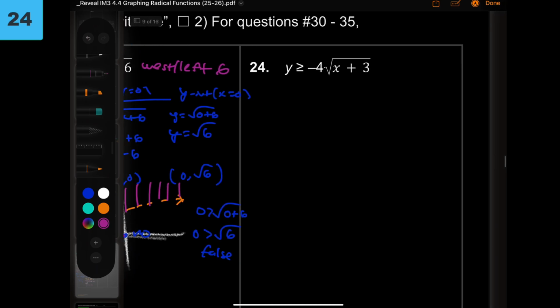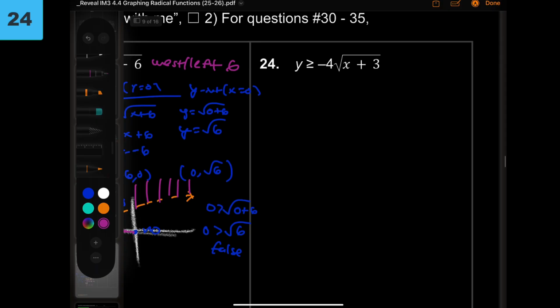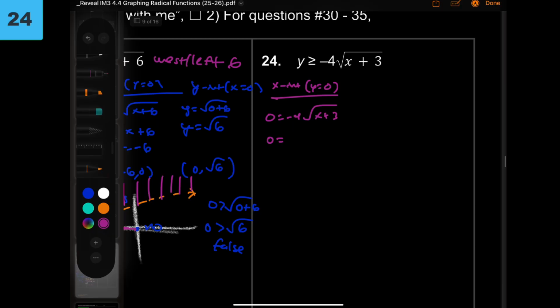Okay, number 24. Let's find the x-intercept. We're going to make y 0. Divided by -4, that's still 0. Square it, still 0. And then you get x equals -3.